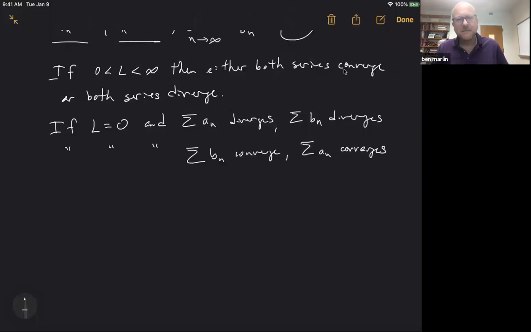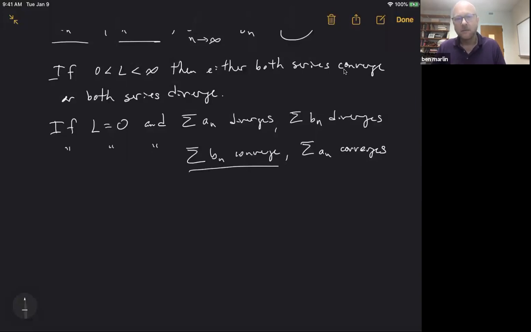So that means there's two different ways to play with the test if you've got an L equals 0. If you know one of them converges or the other converges, it might tell you something about the other. But if I got L equals 0 and the ones I was dividing by, the b_n's, if those diverged instead of converged, it wouldn't tell me anything.